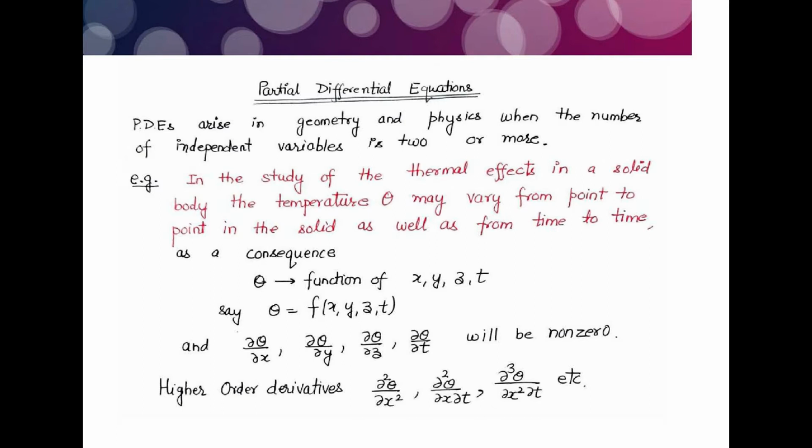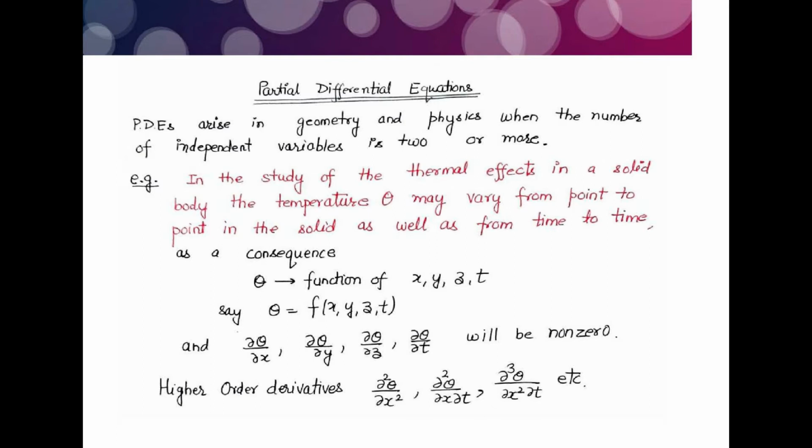As a result, we can say that temperature theta is a function of position, that is x, y and z coordinates, and the fourth variable will be time. So we can say that theta is a function of x, y, z and t. And as we change these variables x, y, z and t, the temperature will change.